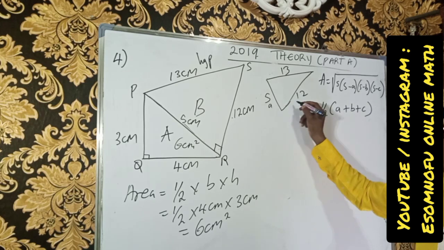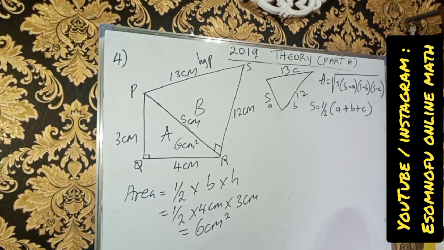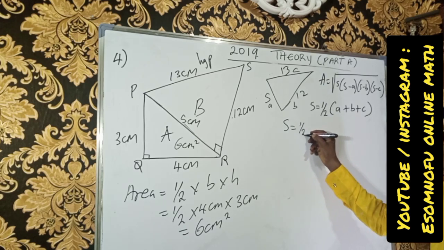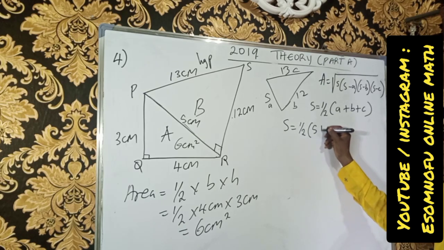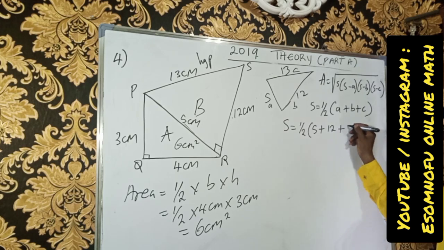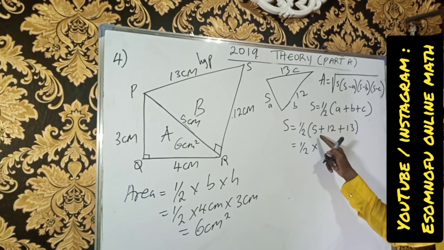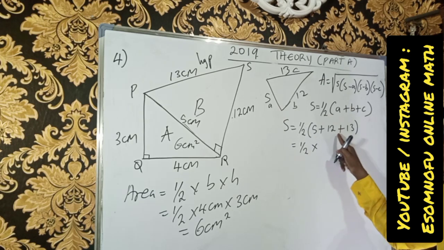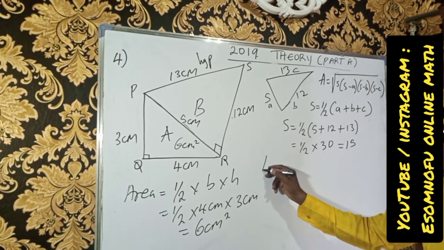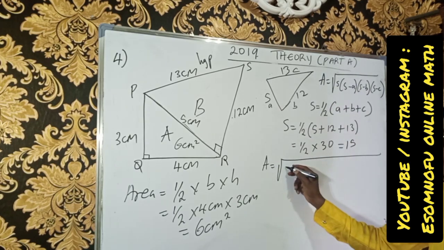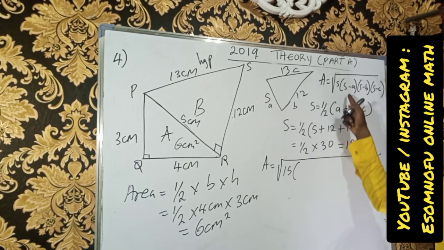So I can call here A, call here B, and call here C as you like. So to get my S now, S will now be half into A, which is 5, B, which is 12, C, which is 13. This will now be half times 5 plus 12 is 17, and 17 plus 13 is 30. Half of 30 is 15. So my S is 15. So area becomes square root. Seeing S, I will plug in 15 into S again.